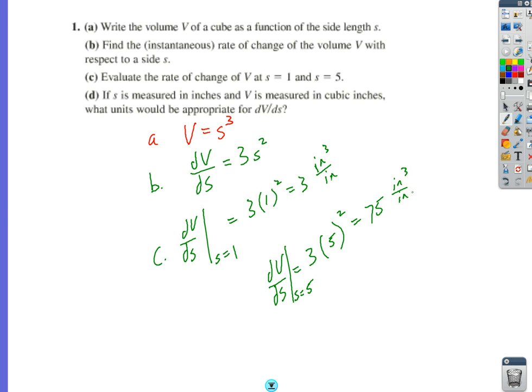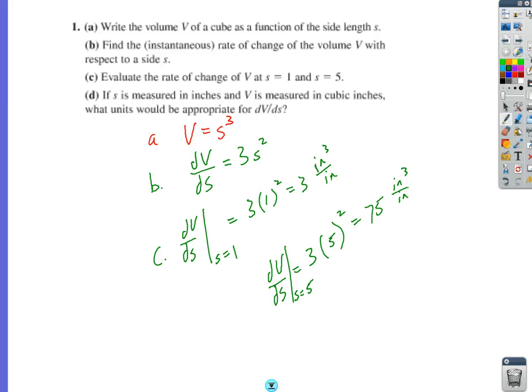And again, what does this mean? This means when s is 5, if you can picture the sides of a cube growing bigger and bigger and bigger, my volume is increasing at 75 inches cubed per inch.